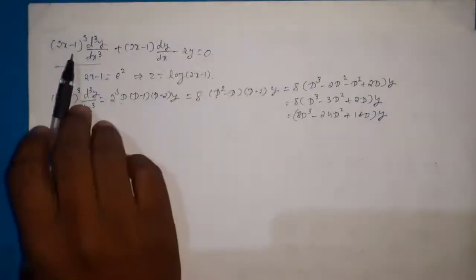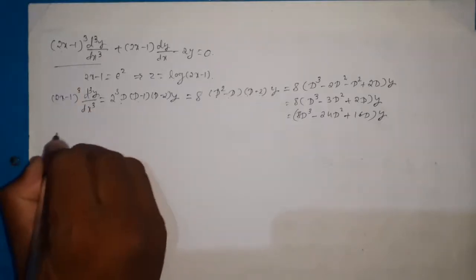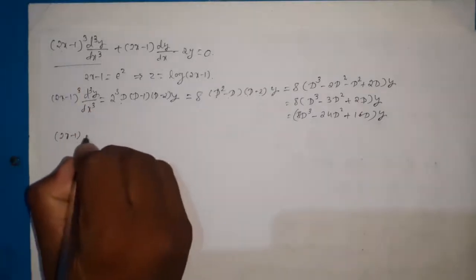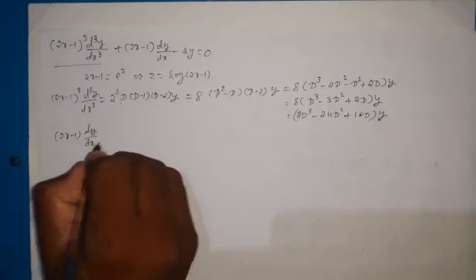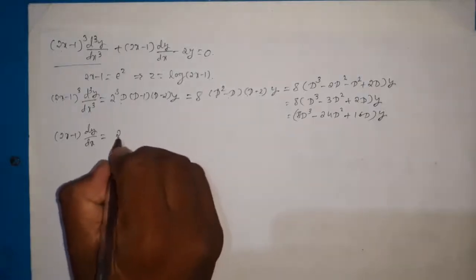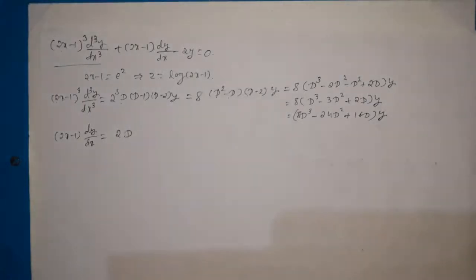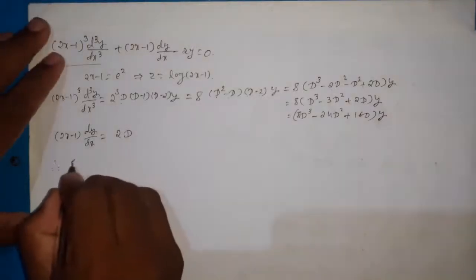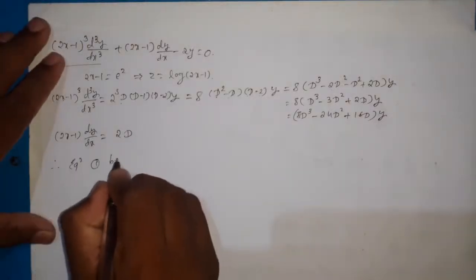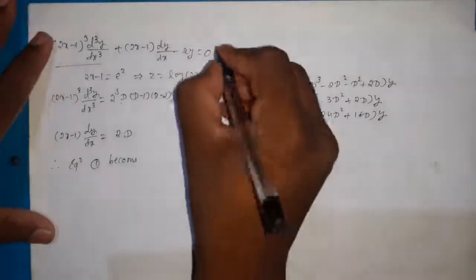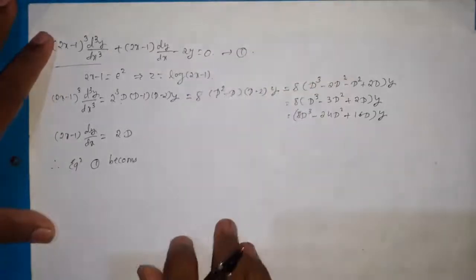Then next is (2x minus 1) into dy by dx, which is equal to 2 into D, right, because b into D, that a plus bx dy by dx. So therefore equation 1 becomes, let us consider this as first equation.